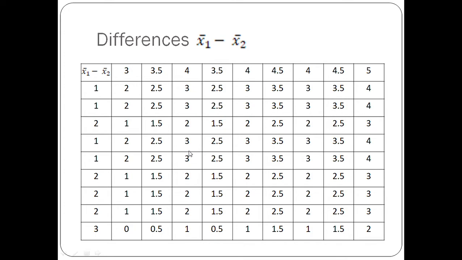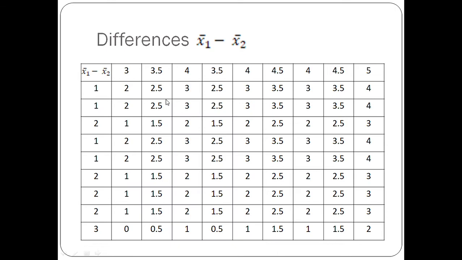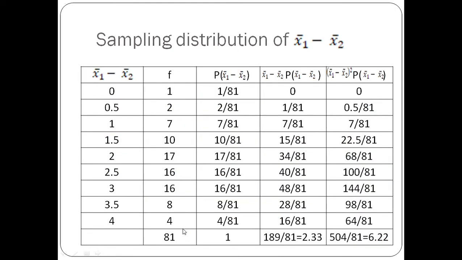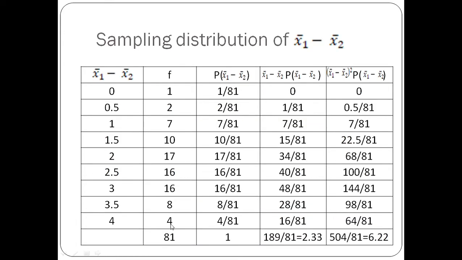So we count how many times each value occurs: 0 occurs one time, 0.5 occurs two times, and so on. I have told you before how to check whether we have counted correctly or not: we add the frequencies, and if the sum is equal to the total number of differences, which is 81, then the count is correct.